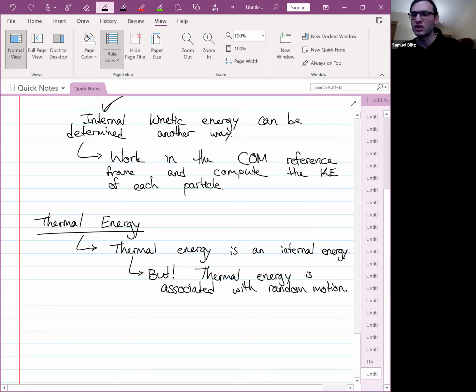You can have internal energies that are not random, but are still internal. So if the phone itself is moving fast, that wouldn't affect the thermal energy. Like, maybe there's air resistance, but if I chuck my phone in a vacuum, the thermal energy of the system's not going to change. It's the mechanical energy of the system that's changing, right?